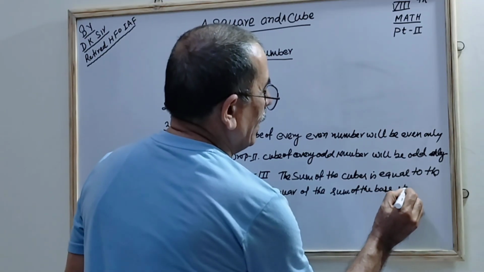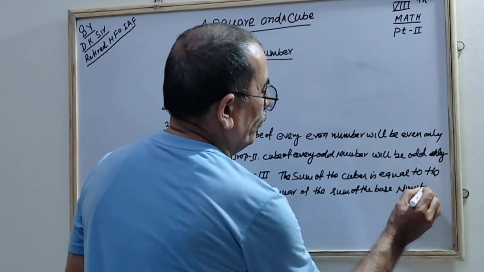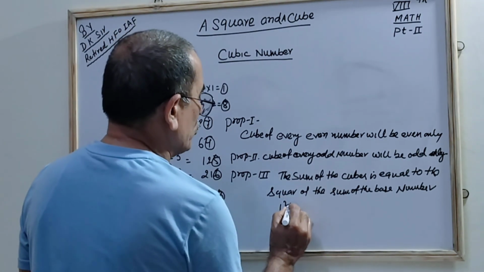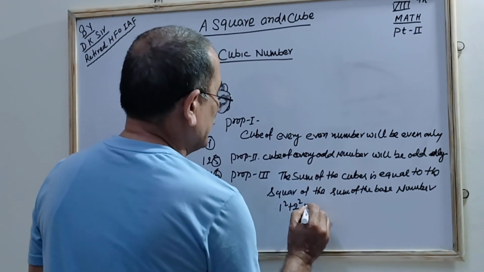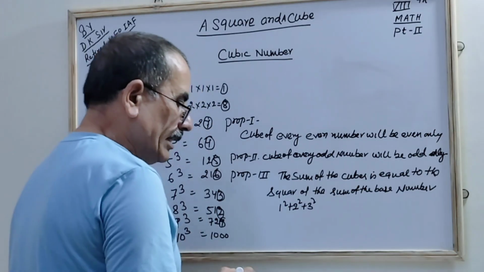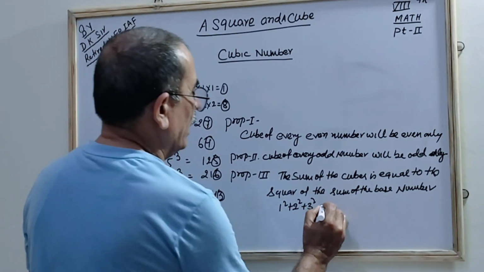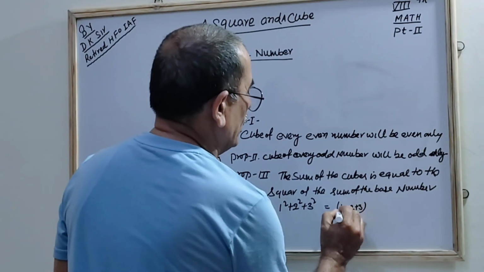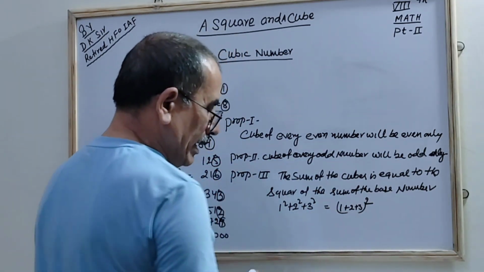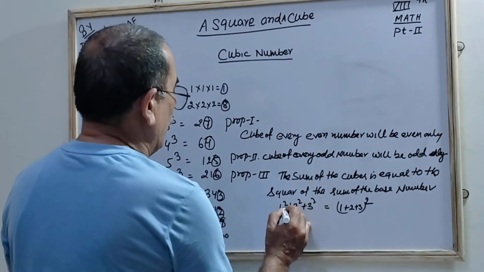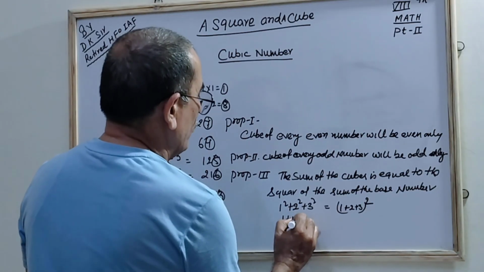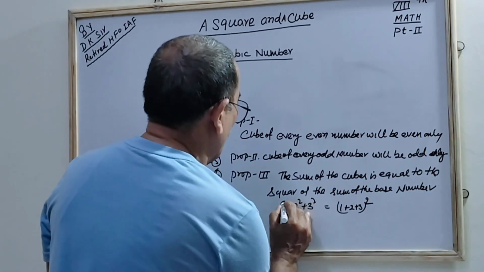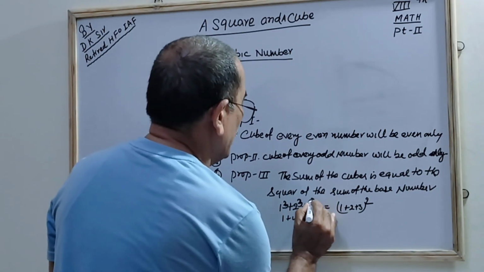So I will give you an example. Suppose I have to find 1 cube plus 2 cube plus 3 cube, then it is easy to find: you need 1 plus 2 plus 3 and write the square. Correct? So this will be equal to that. You can check it also. This becomes 1 cube, 2 cube and 3 cube.